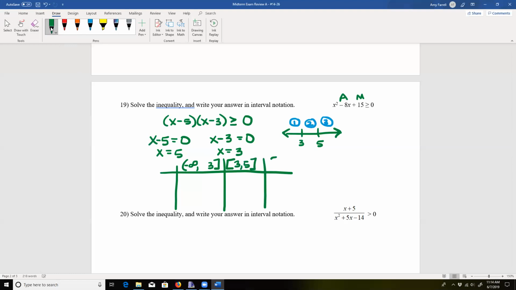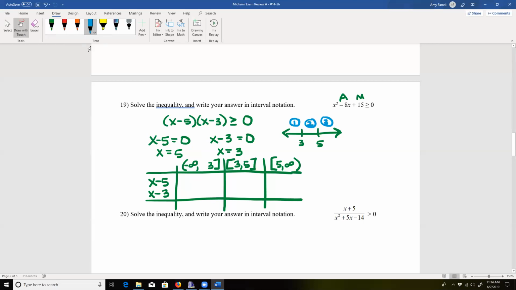And my third interval will be from 5 to infinity. Over here in the first column, I'm going to write in my factors. My factors are x minus 5 and x minus 3.